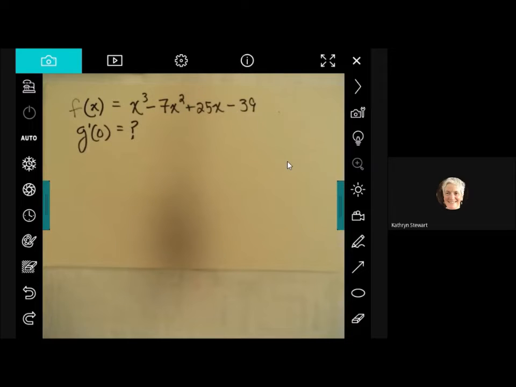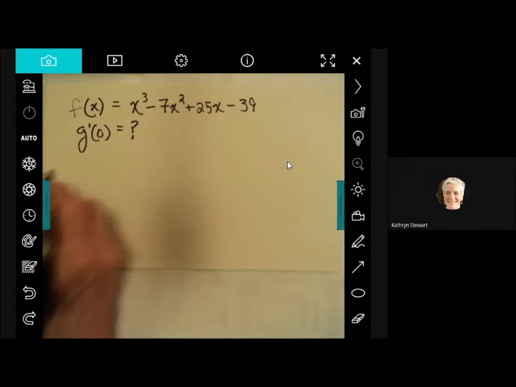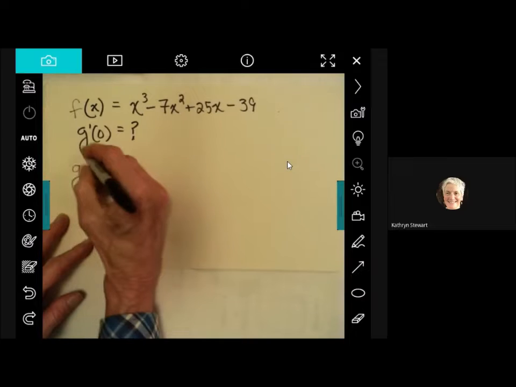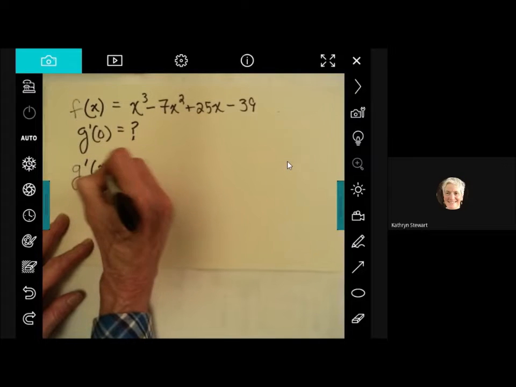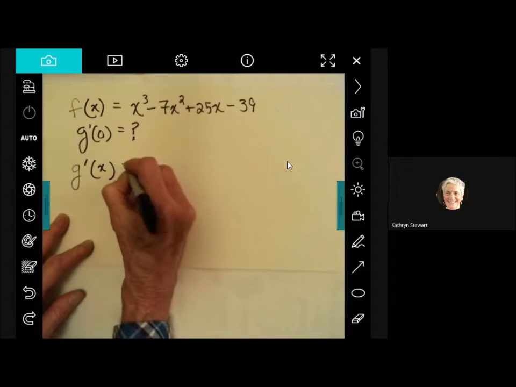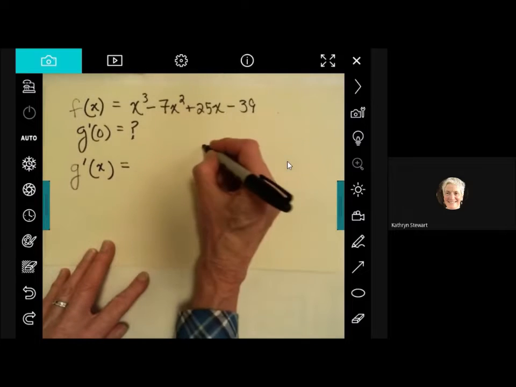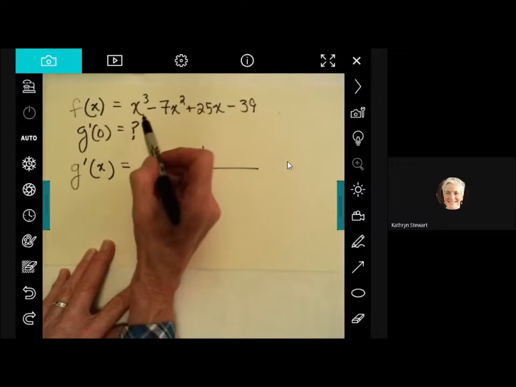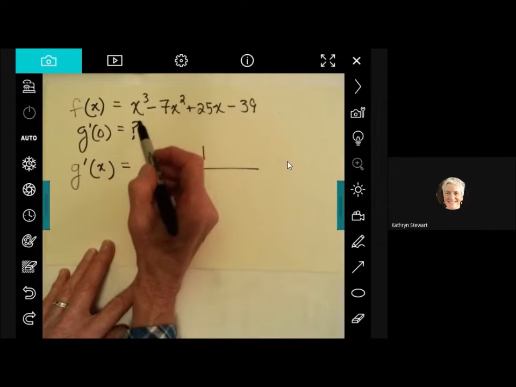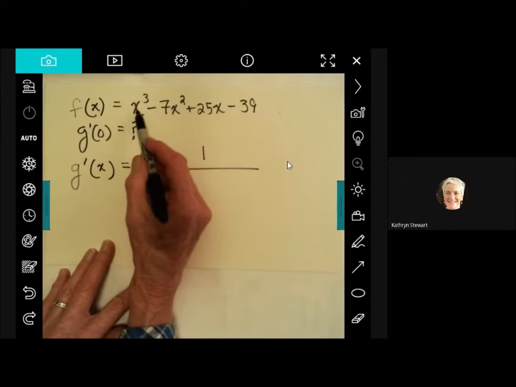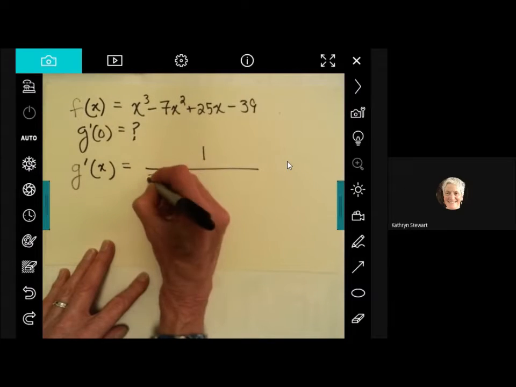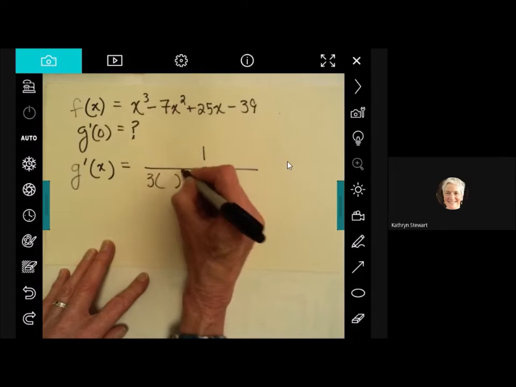Okie doke, I'm going to try to use our new relationship, the thing that we just discovered. So g prime of x, of course, f and g are inverses, that's why this works, is going to be 1 over f prime. So let's figure out what f prime is. F prime here, I'm just doing the power rule, is 3x squared.